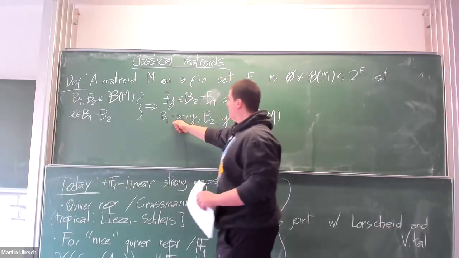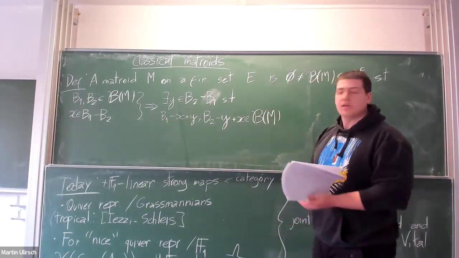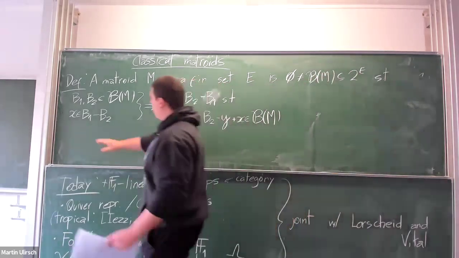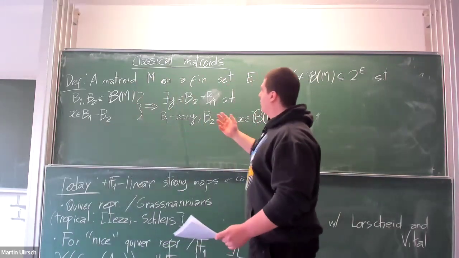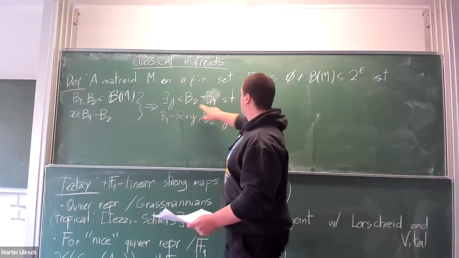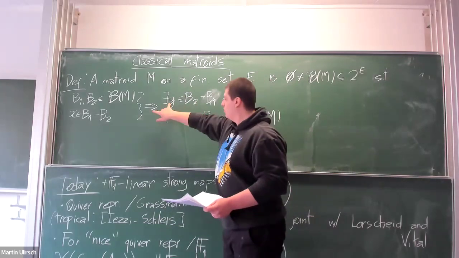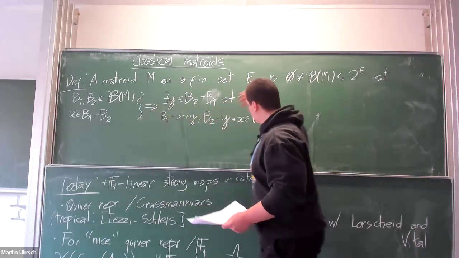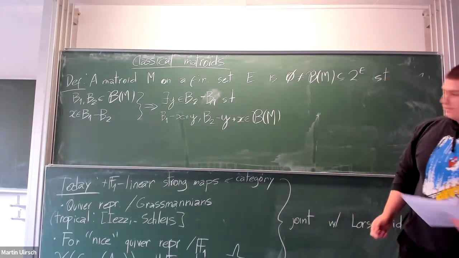Here, I remove X from B1 and include Y. So whenever I have one element in one basis and not in the other, I can find another element in the second basis but not in the first one, and exchange these two elements, and I have another two bases of my matroid.